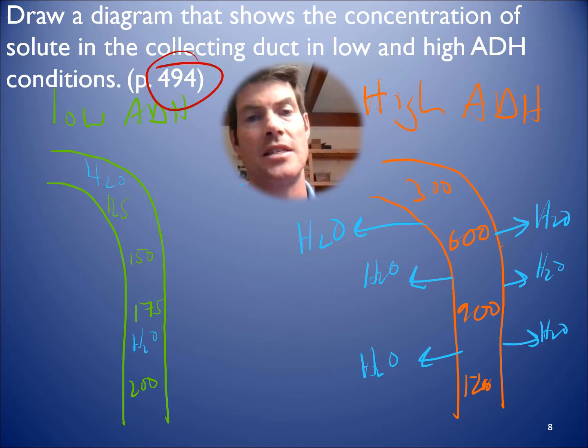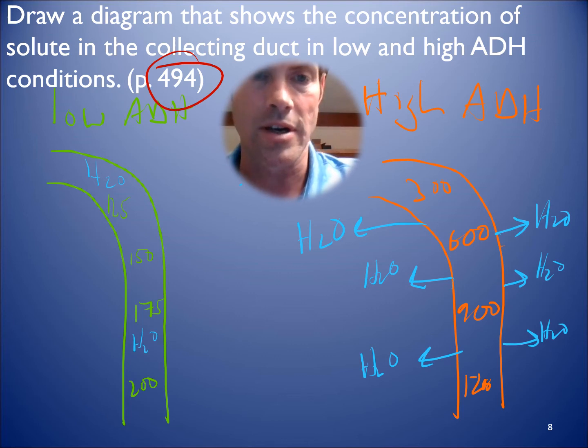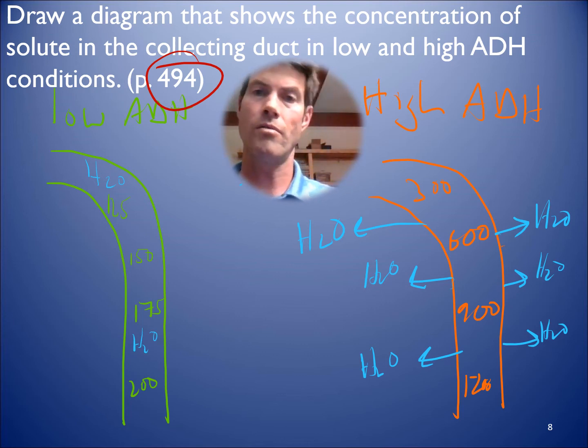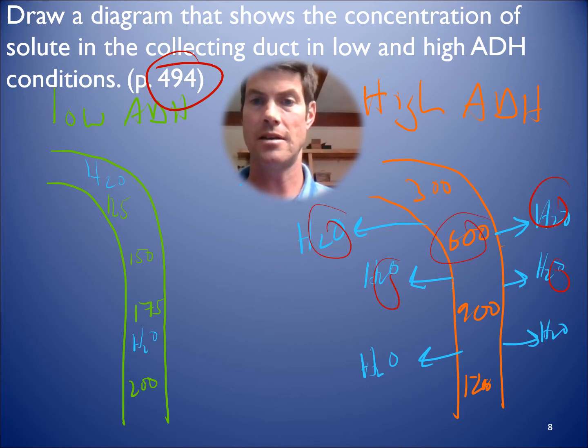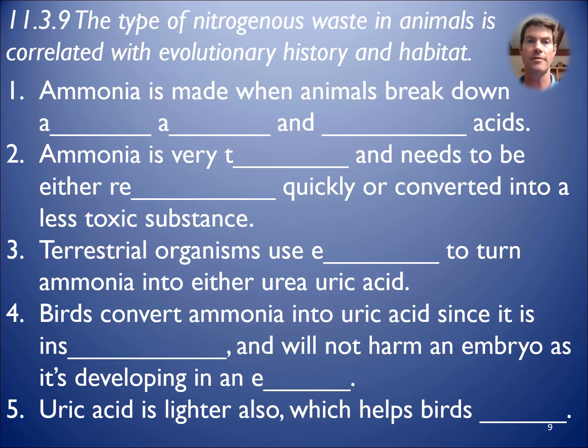This water is going to stay in here, okay? This water is remaining in there and keeping that concentration pretty low. But here, your body senses it needs water, it's going to be pulling water out like crazy. And look what that does to the concentration. It raises it quite significantly.